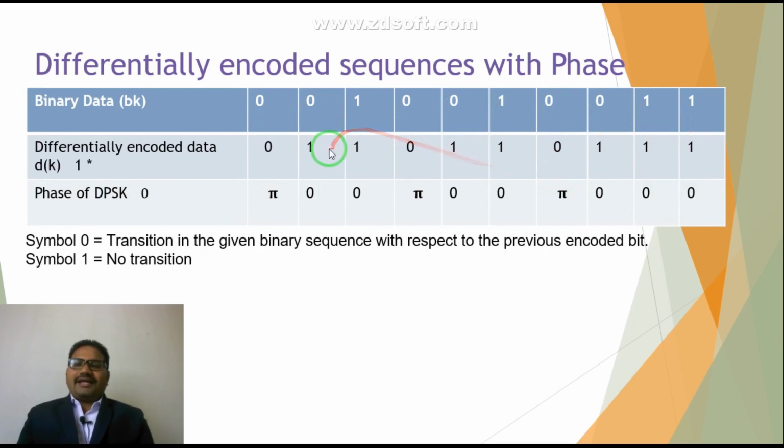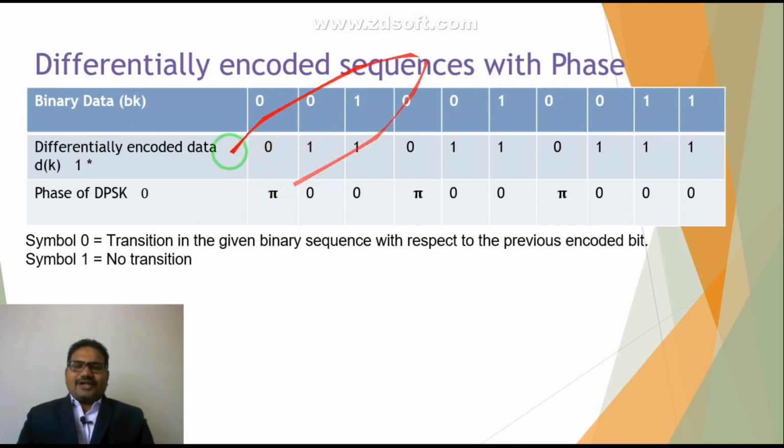Now, next is the phase of your DPSK signal. As you know, symbol 0 is going to represent what? Transition. So if there is a transition, the phase of that DPSK signal would be represented by what? Pi, because the maximum phase change in DPSK is represented by pi.